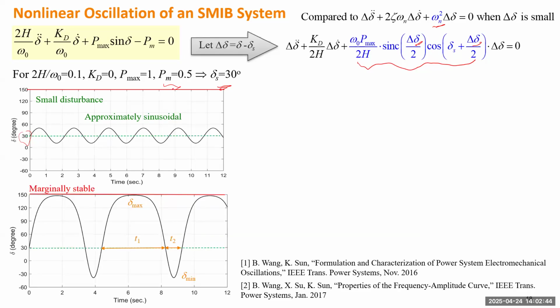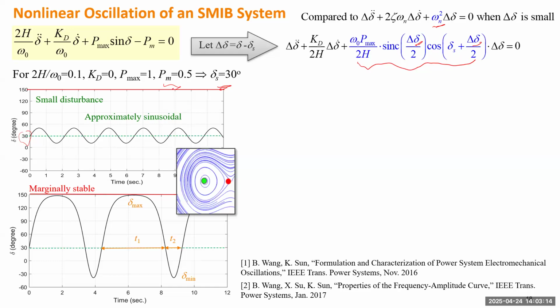But if you increase the disturbance, the waveform will look like this one. This is called the marginally stable curve, which means if you increase the amplitude only a little, the system will become unstable. So this is the maximum amplitude the single machine infinite bus system can oscillate with without transient instability. So the waveform is not a sinusoid, and also it's not symmetric about the amplitude.